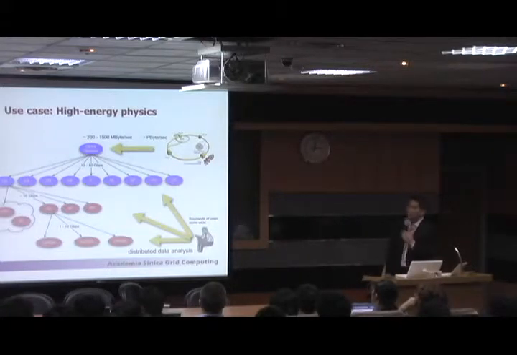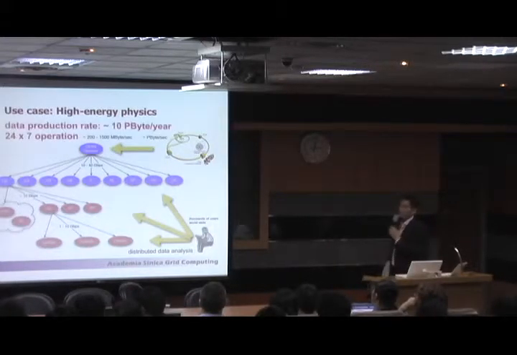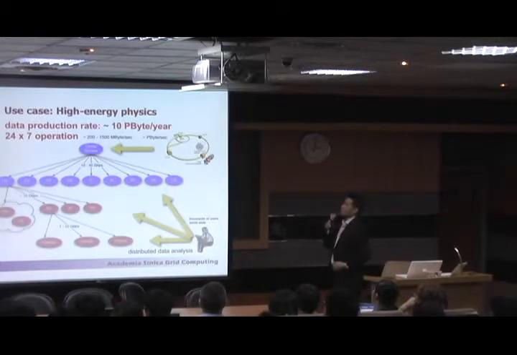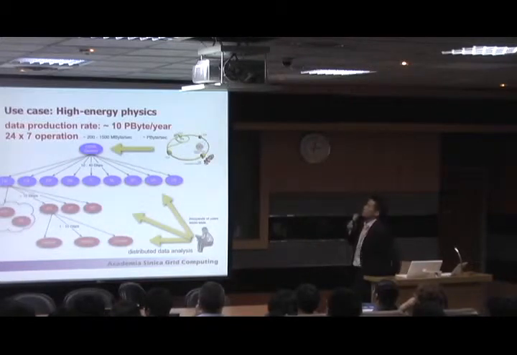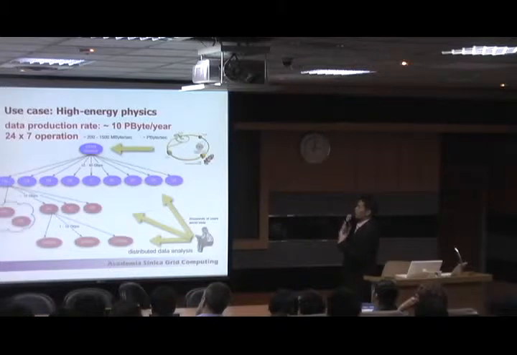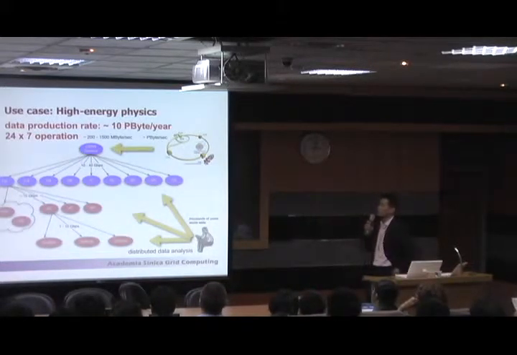The requirement of this application is that we need a very fast production rate. In total, we will reach about 10 petabytes per year. Because the accelerator is operating 24/7, you have to be online for this operation.